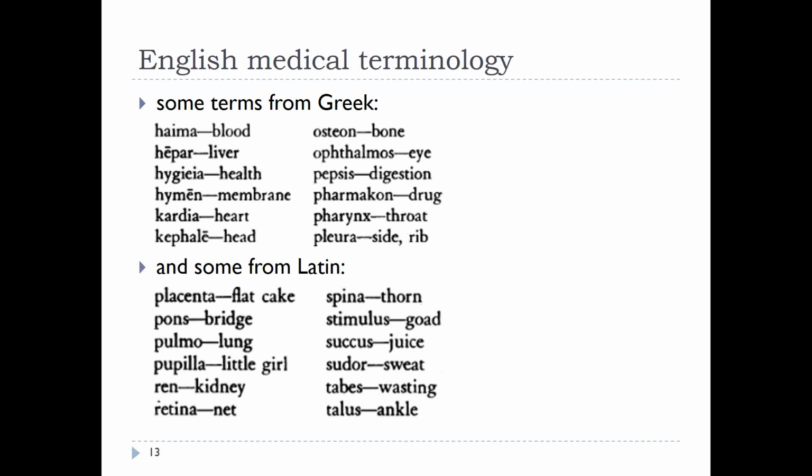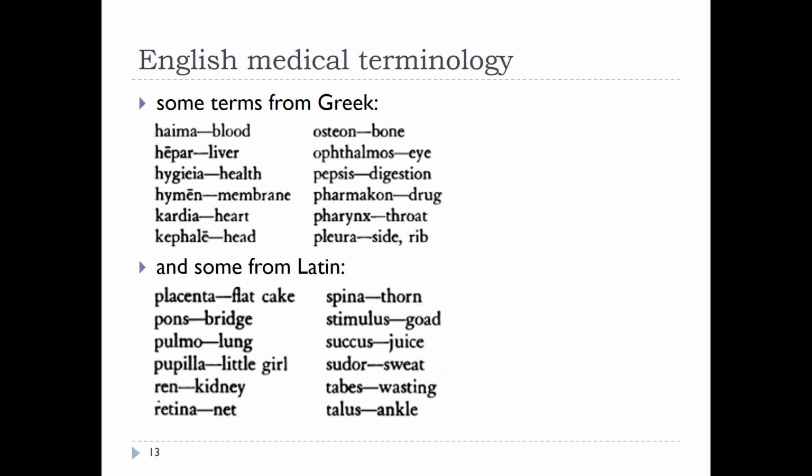In the case of English, many scientific and medical terms are derived from ancient Greek and from Latin. And if you look at some of these roots, you'll see that, for example, haima, which means blood, is used in medical terminology. Anything beginning with hemo will refer to blood. Ophthalmos means eye, from which we get the word ophthalmic or the word ophthalmologist and so on.